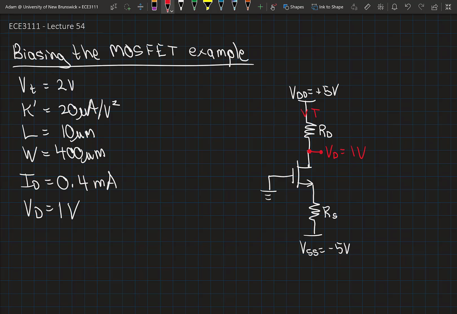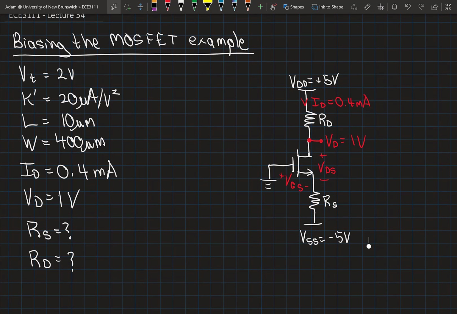I want my drain current to be 0.4 milliamps, and I'm just going to label this my gate to source voltage and this my drain to source voltage. Okay, and what I'm trying to calculate is my resistor connected to the source and my resistor connected to the drain.